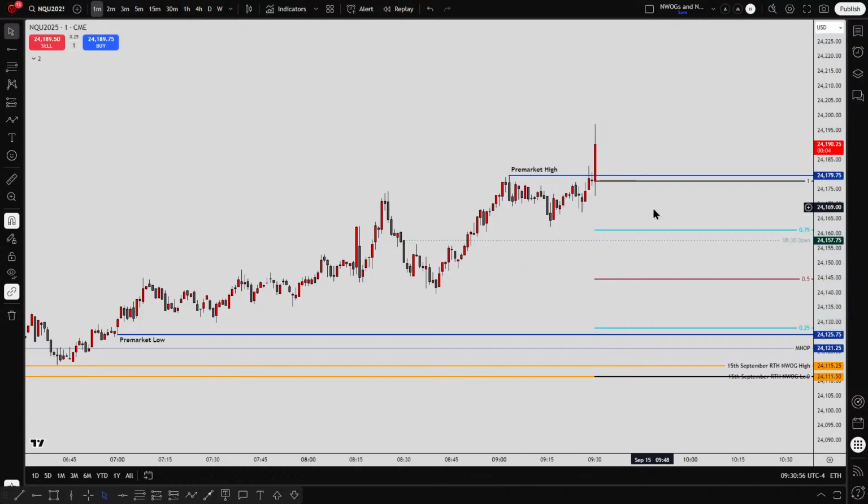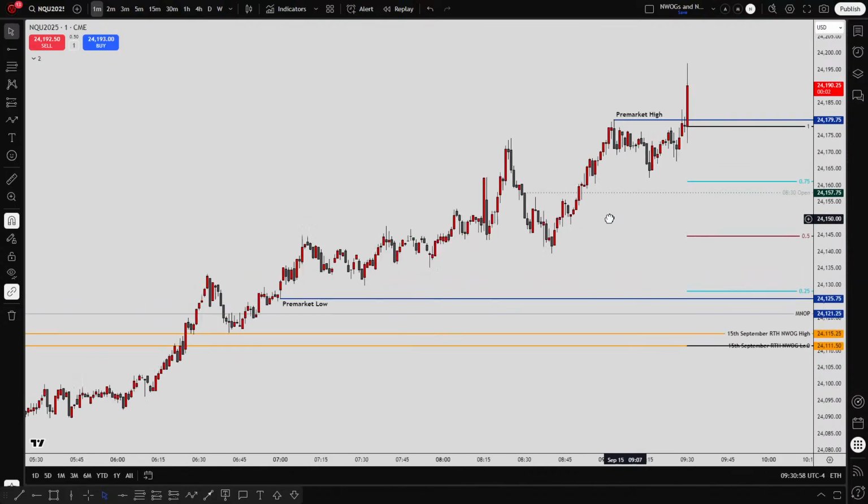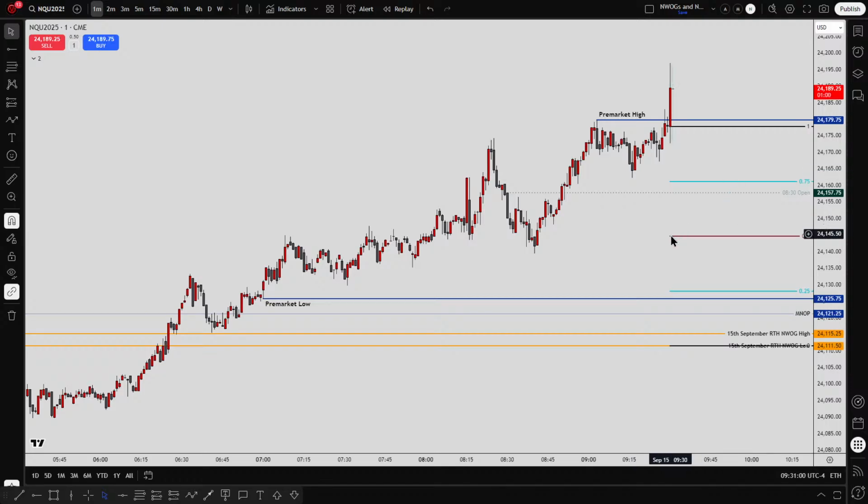So it's not a huge one. That means you want to see it filled in to at least the consequent encroachment level within the first 30 minutes. So just taking the pre-market high.